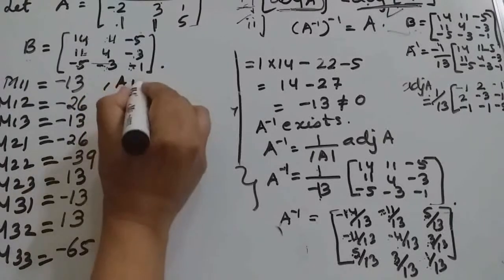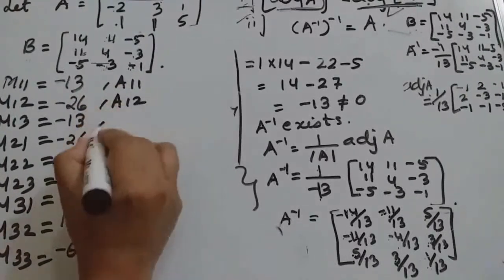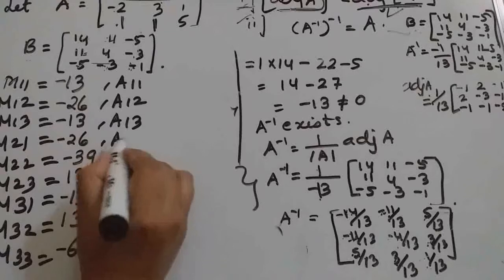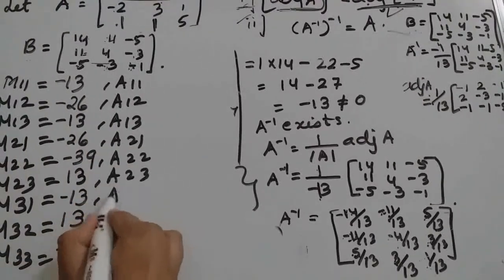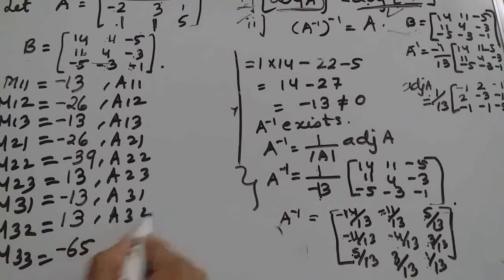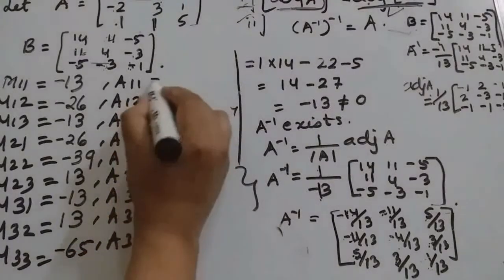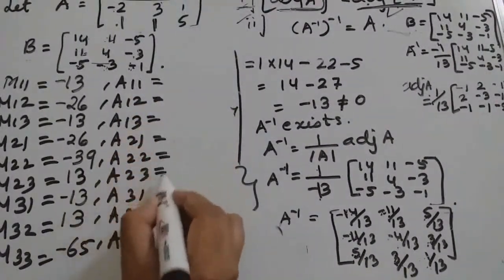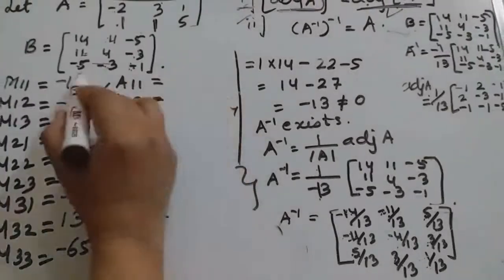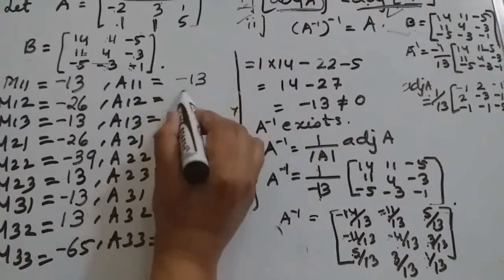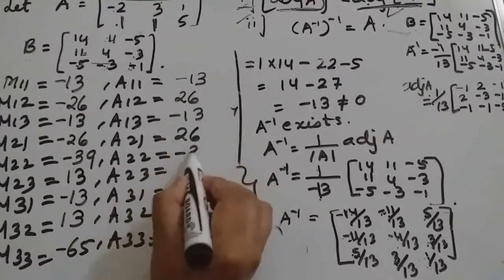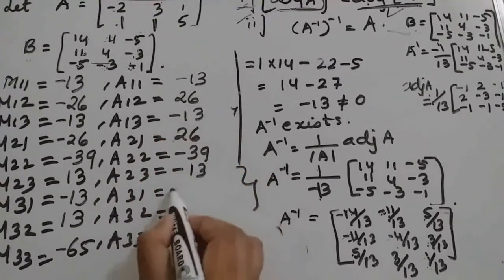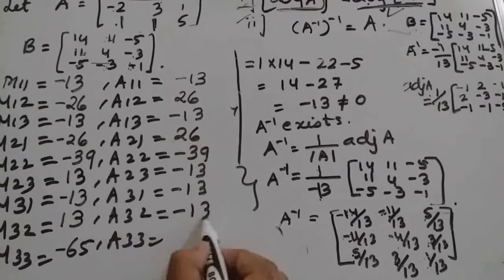Now correspondingly cofactors will be: first one will be same, second sign change, third same, sign change, same, sign change, same, sign change and same.